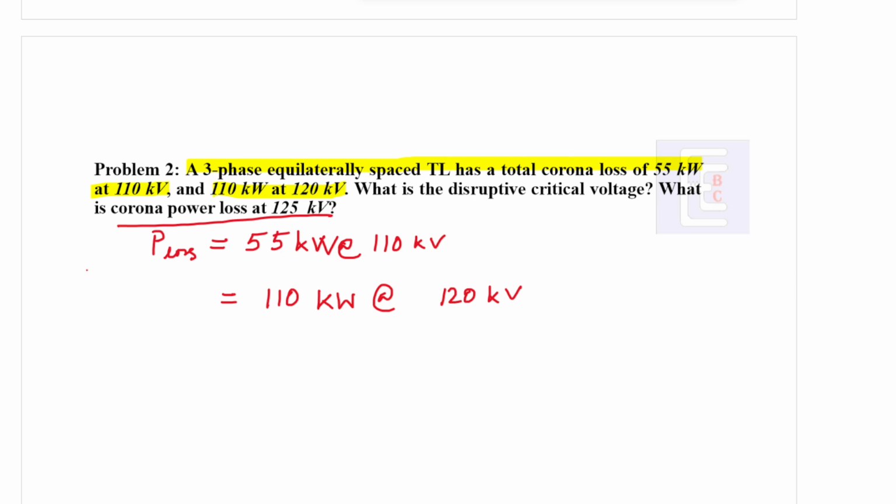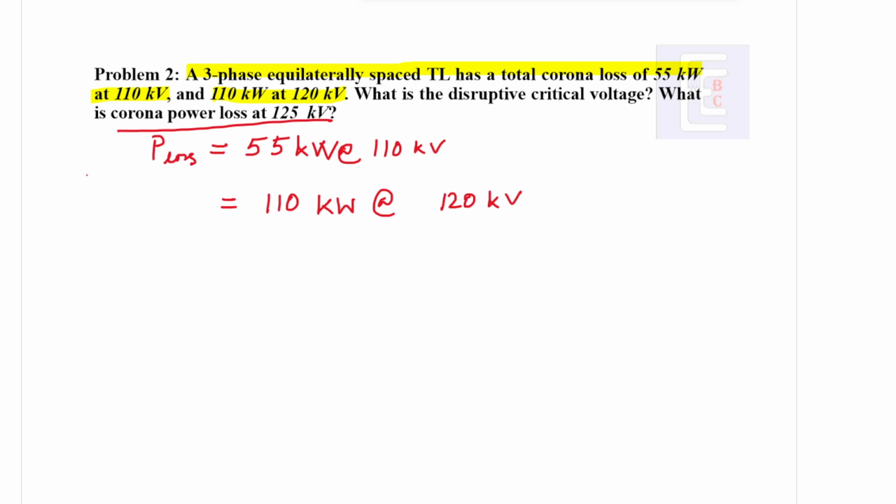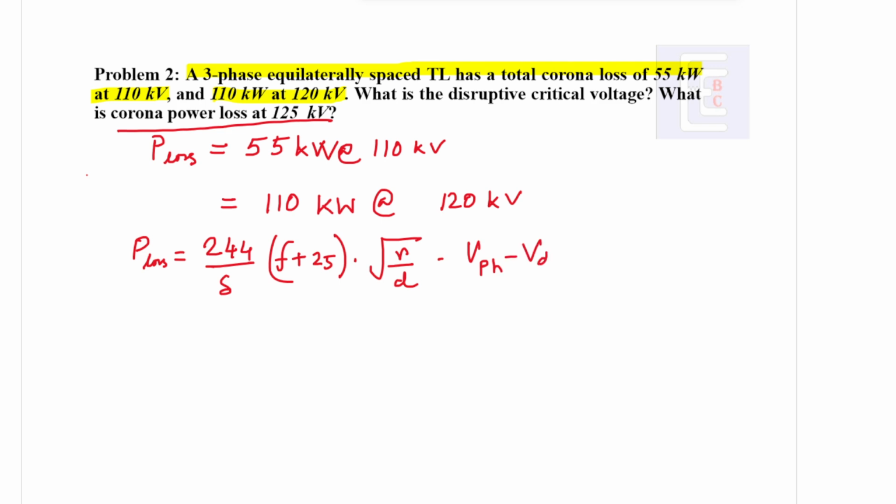Let me see how this problem can be solved. So you know what is the power loss. P loss is equal to 244 by delta, F plus 25, root under R by D, then V phase minus VD whole square into 10 to the power minus 5, which should be kilowatt per kilometer per phase.